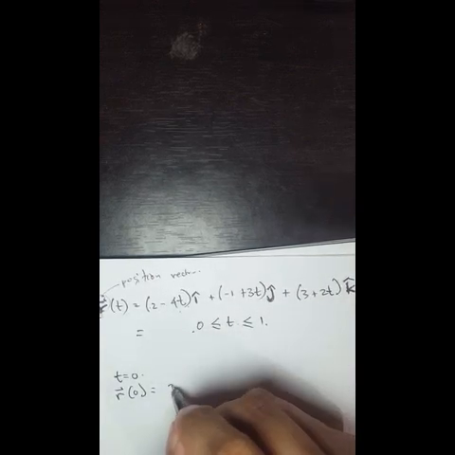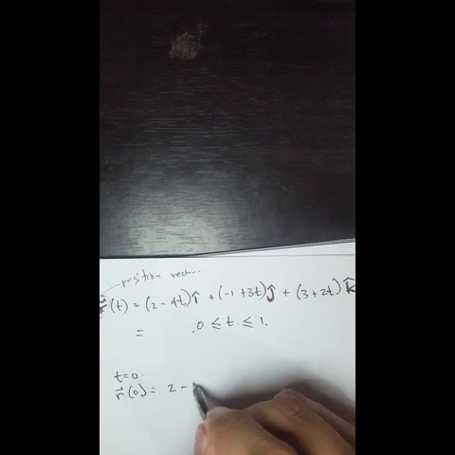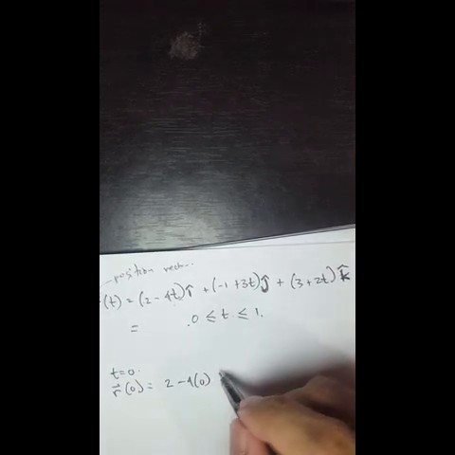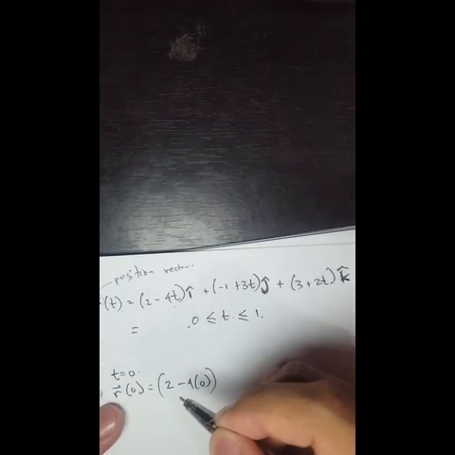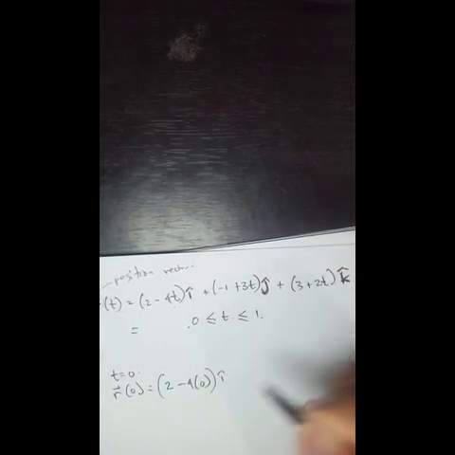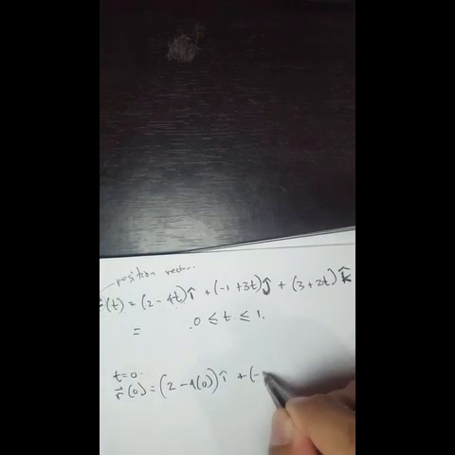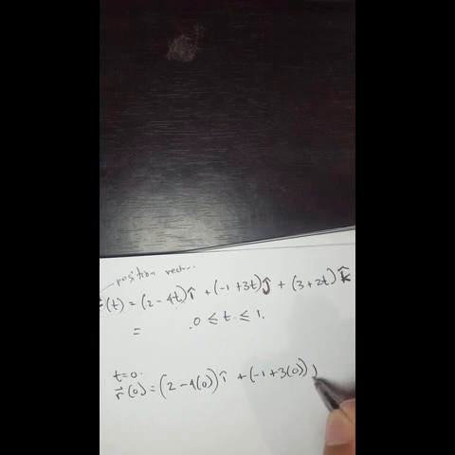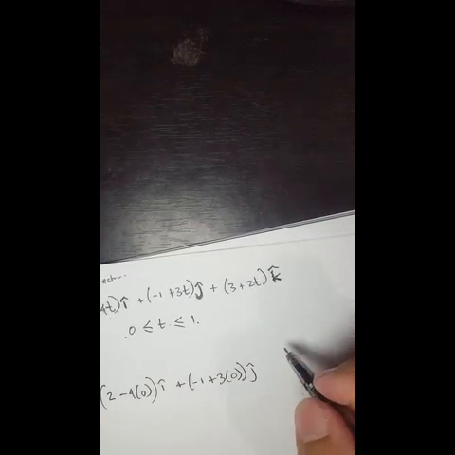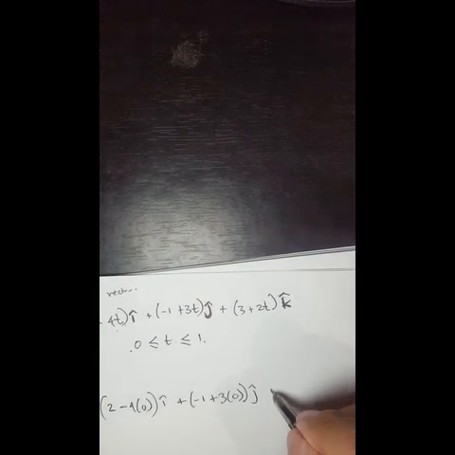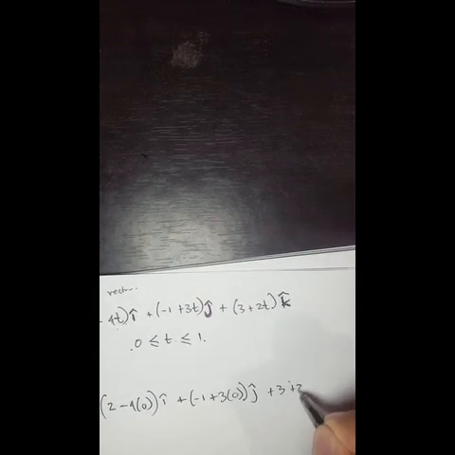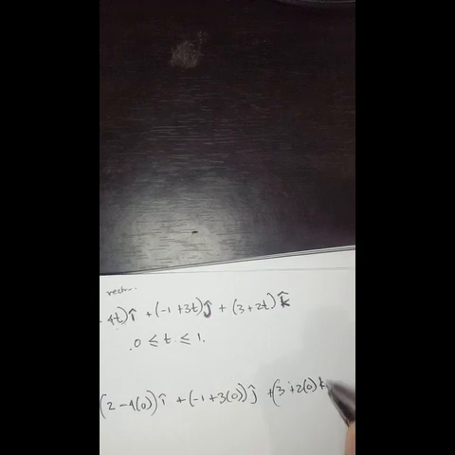That's 2 minus 4 times 0 along the i direction, plus negative 1 plus 3 times 0 along the j direction, plus 3 plus 2 times 0 along the k direction.